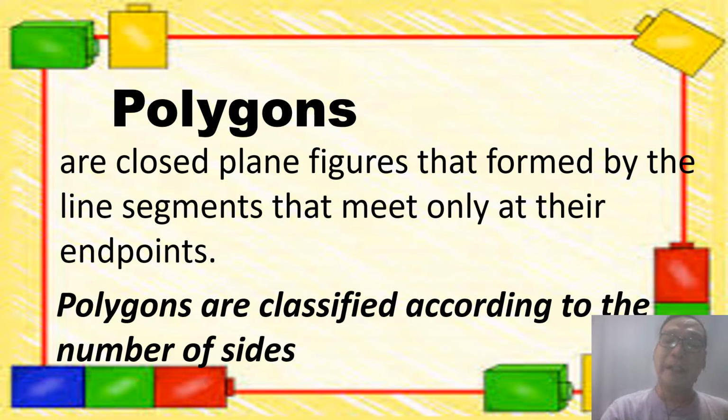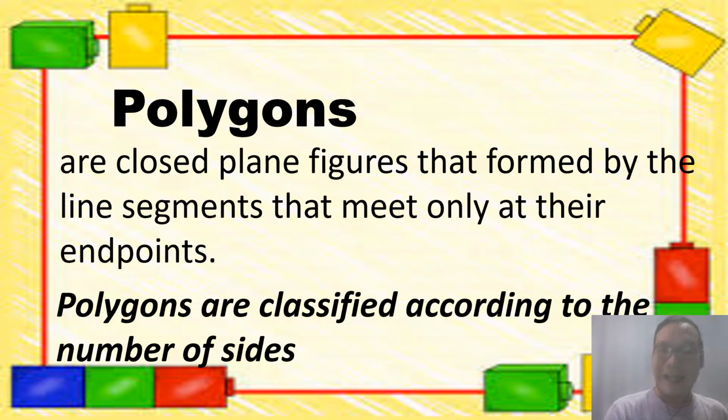So let us meet the different polygons aside from triangle, which is a three-sided polygon. It has three sides and three vertices. That is a triangle. We also have a quadrilateral. During your previous grade level, your teacher perhaps introduced you to quadrilateral.